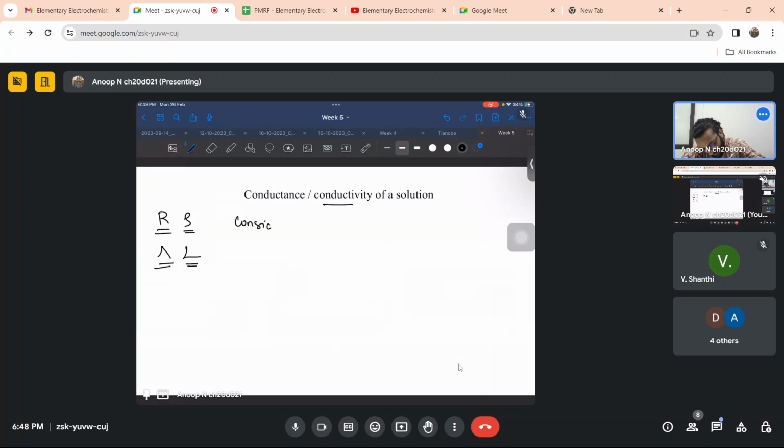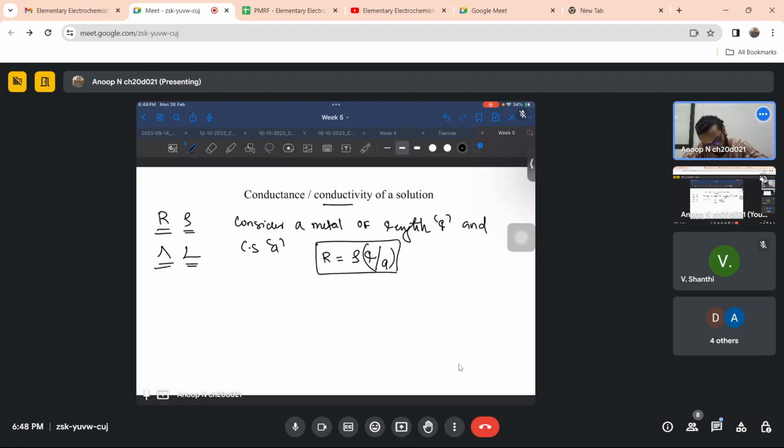Consider a metal of length L and cross-sectional area A. So resistance R is equal to rho L by A, where rho is the resistivity or specific resistance. What is the unit of resistance? Ohm.